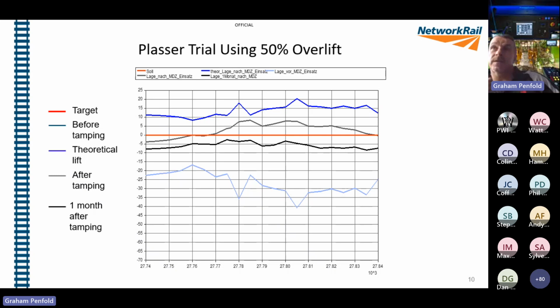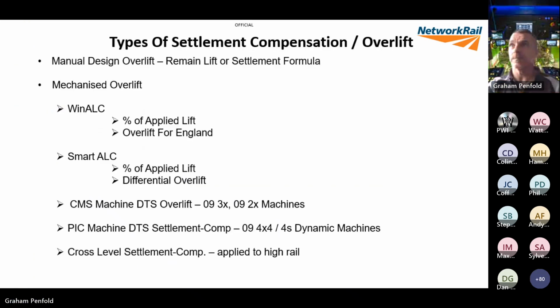So straight after tamping, you can see we're between -4 and probably 8 mil above. So you're pretty close to where you want to be. And a month after tamping, you're there or thereabouts. You're only between 4 and 8 mil below. So you can see there it's a much better result, much closer to our target. So again, that is the reason why we use design overlift or settlement compensation. We are essentially compensating for settlement.